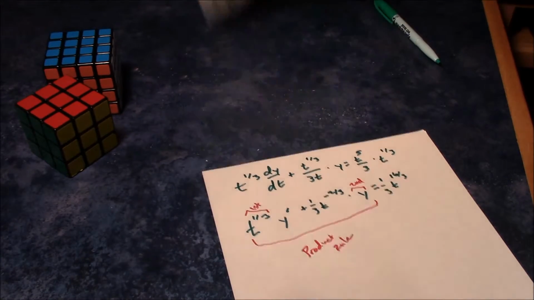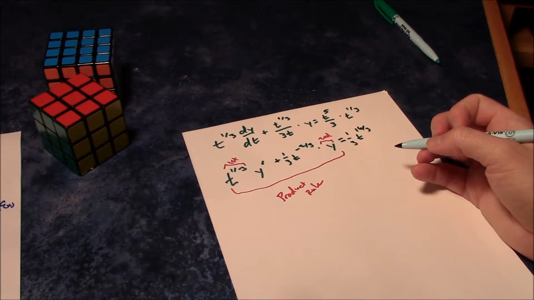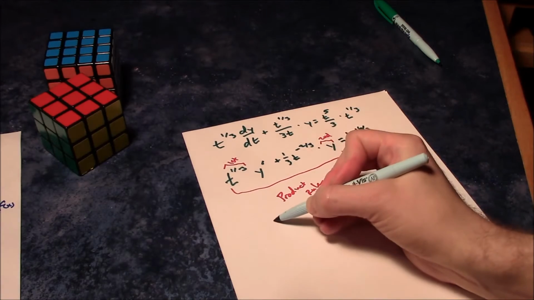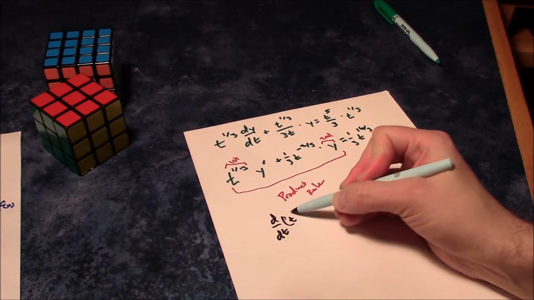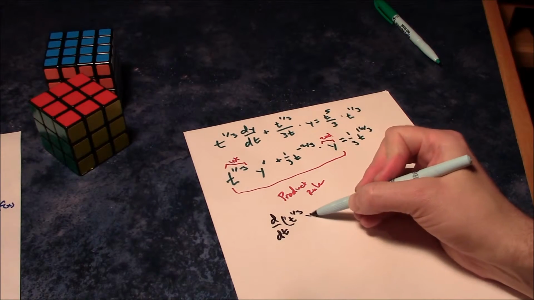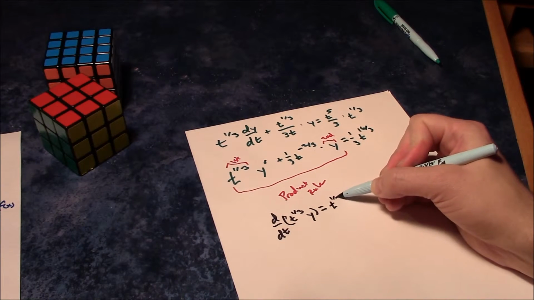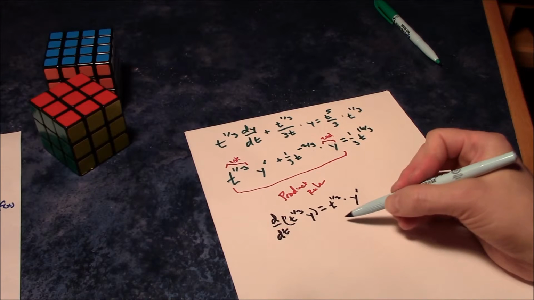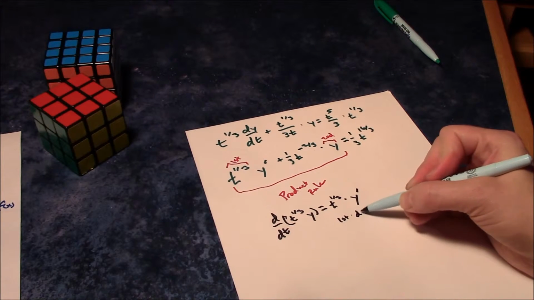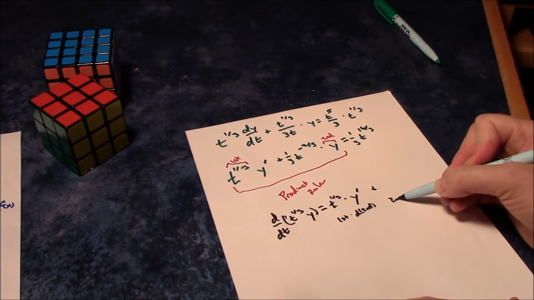If I call this my first and this my second, then notice that if I take the derivative of what I'm calling my first times my second, I have first times the derivative of the second plus second times derivative of first.